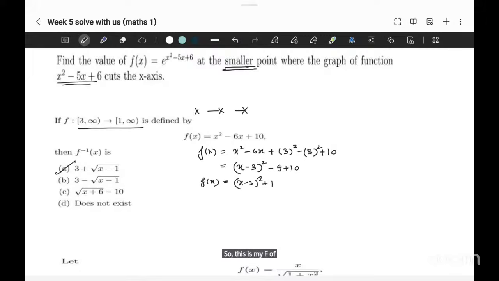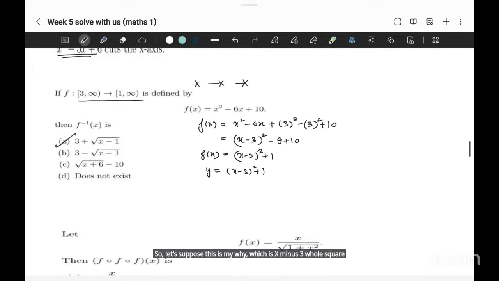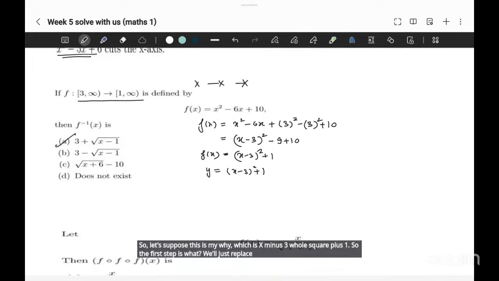So what will be my f inverse of x? Let's suppose this is my y, which is x minus 3 whole square plus 1. So the first step is what? We will swap x and y, right? So this is y minus 3 whole square plus 1, correct?